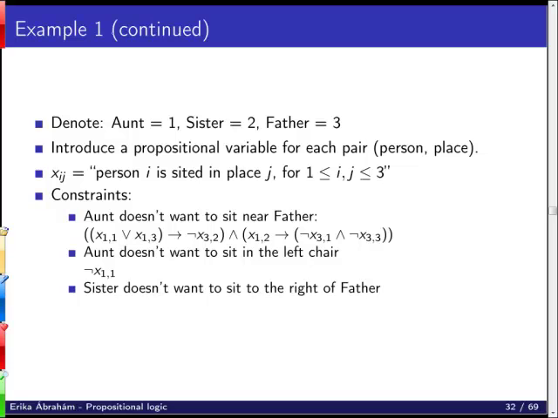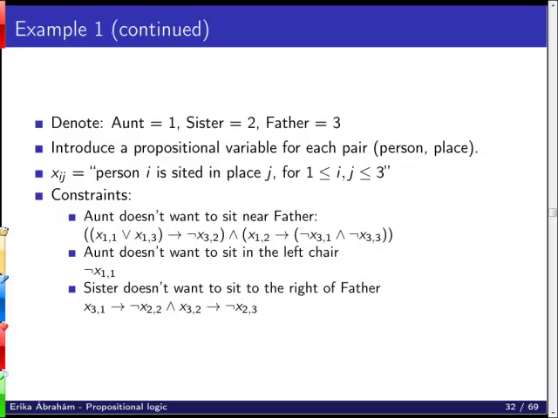No, how is the constraint for that? It implies if the sister sits in the middle, then the father doesn't sit on the left, and x2,3 implies not x3,2. Exactly.